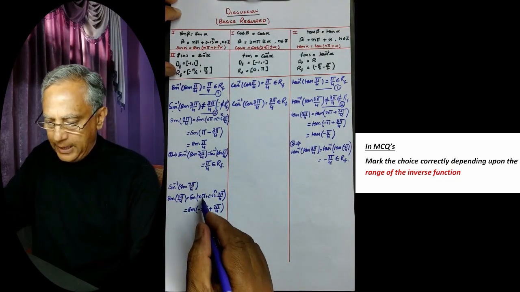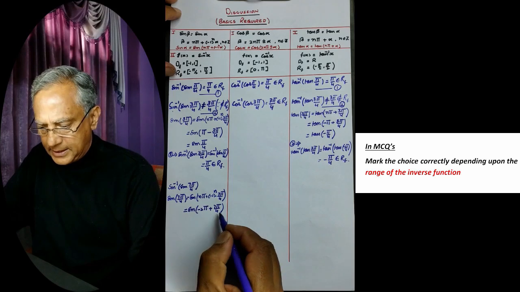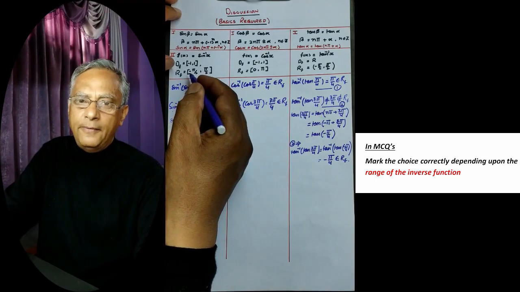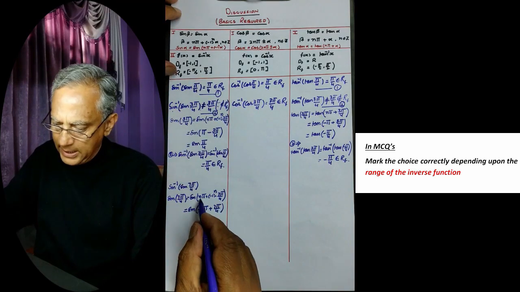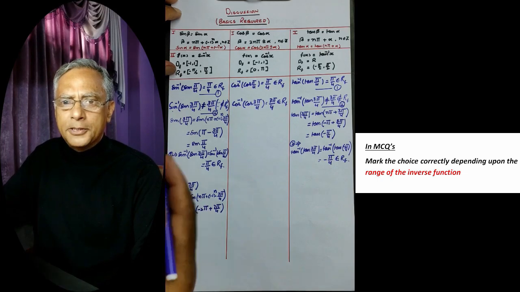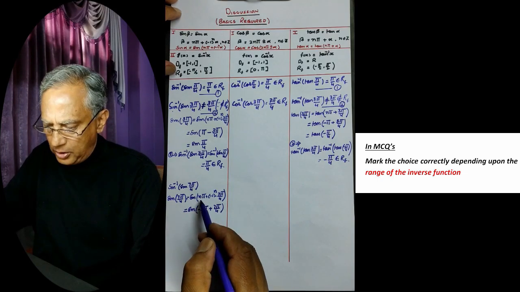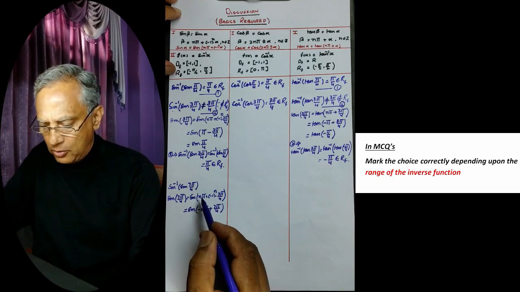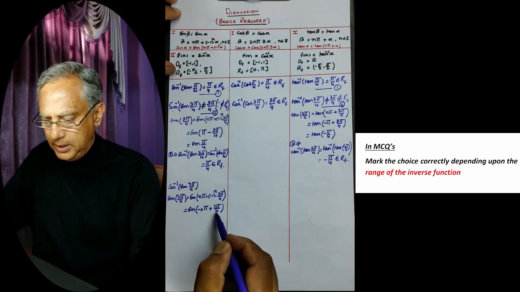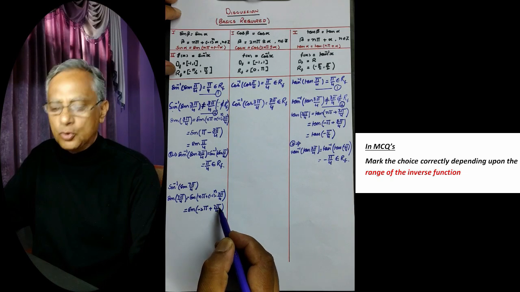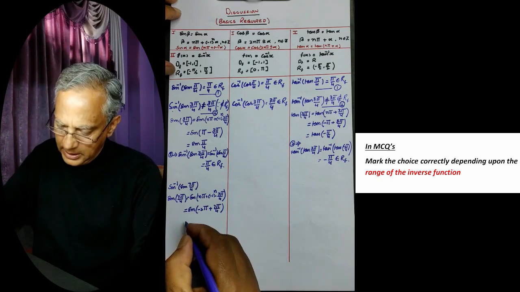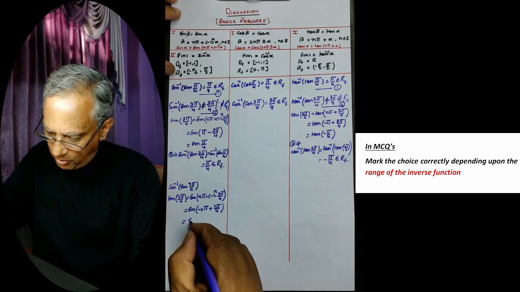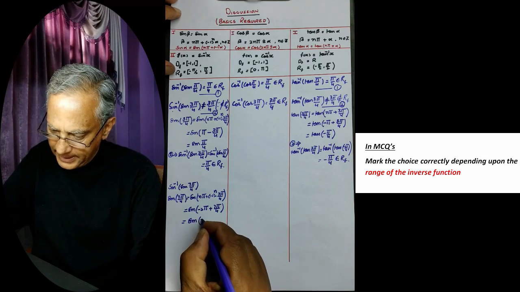So we have to choose n such that this is within the range of the function. n equal to 1 is not the correct value, I have explained it to you. n equal to 2 is not the correct value. But n equal to minus 2 is within the range, so this is the correct value. And this is equal to sine of minus pi by 4.